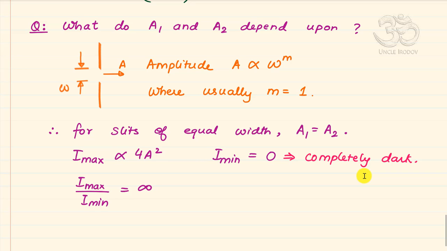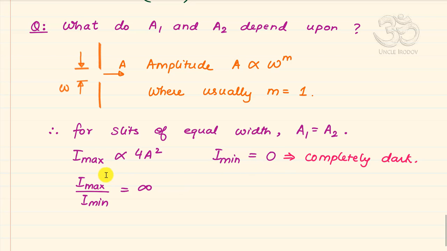Although that brightness will be less than every other part on the screen, there will be some amount of light. So please keep in mind that only when the slit widths are equal, or if they specify that the amplitudes that are being thrown out by the two slits are equal, then I min will be 0. You will get completely dark or pitch black dark fringes. Otherwise, you are not going to get pitch black dark fringes.